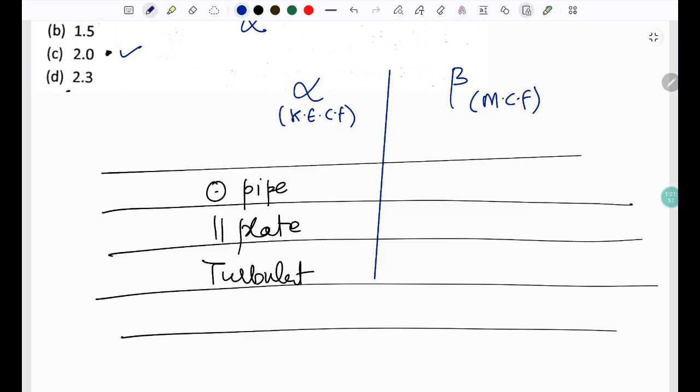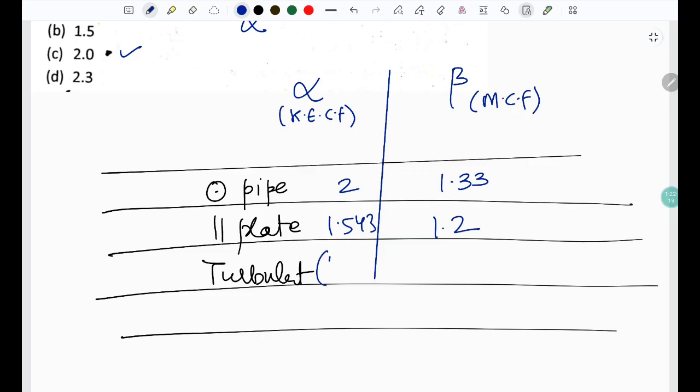So alpha for a laminar flow is given by 2 in a circular pipe, and beta in a laminar flow is 1.33. For a parallel plate laminar flow, again alpha is 1.543 and beta is 1.2.